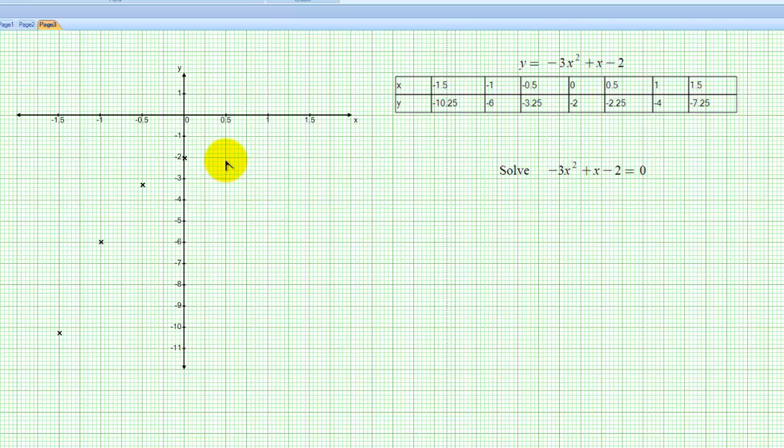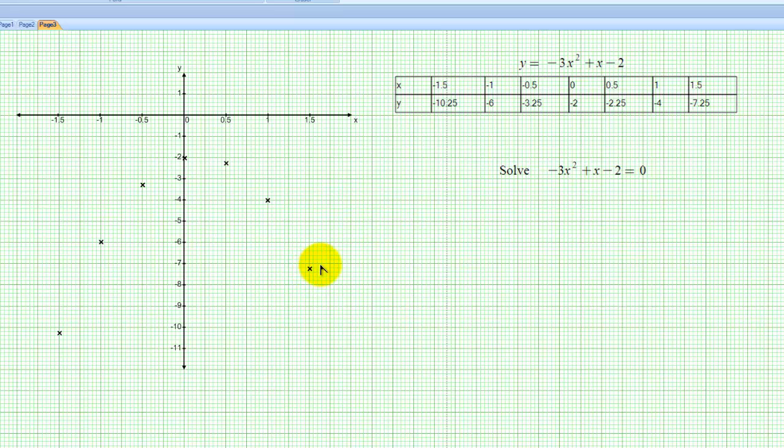So this is negative 2, negative 2.2, and hence negative 2.25 is somewhere here. Then we have 1, 4, and finally we have 1.5, negative 7.25, which is somewhere just below negative 7.2.